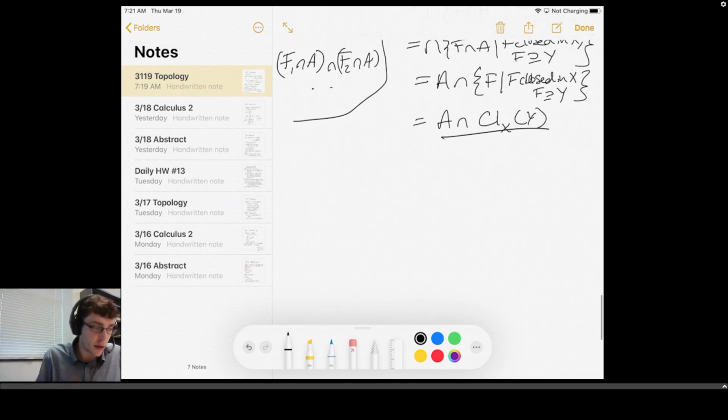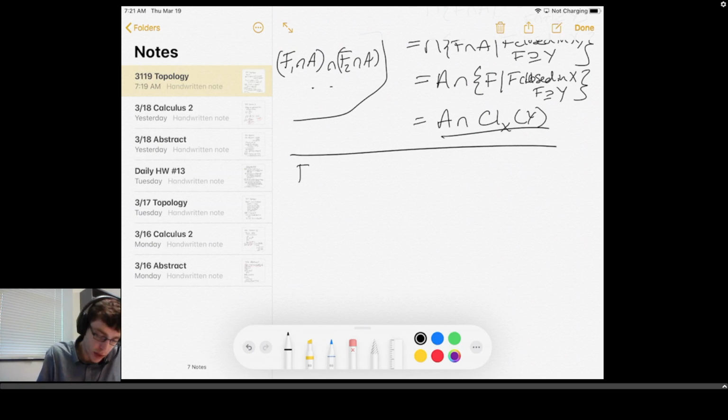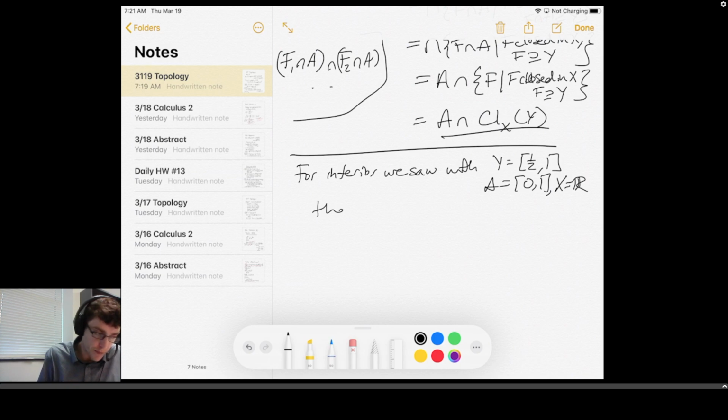So again, for interior, we saw with our example here that the interior of Y in A is contained, right, yeah.